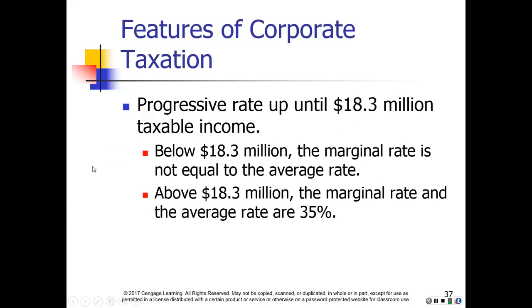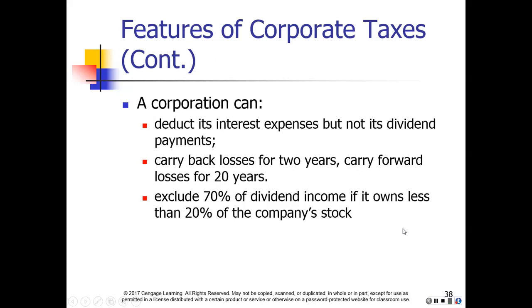So up until 18.3 million, it slowly climbs up from 15% to 35%, right? And then after that, the average becomes 35%. So above the 18.3 million, the marginal rate and the average rate are 35%.